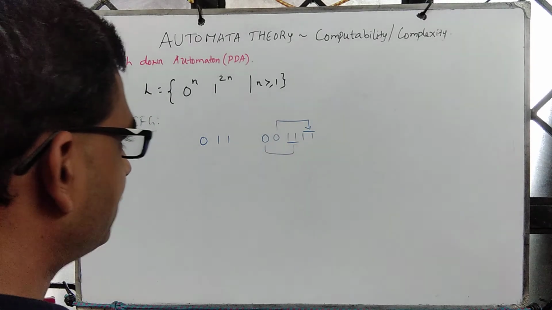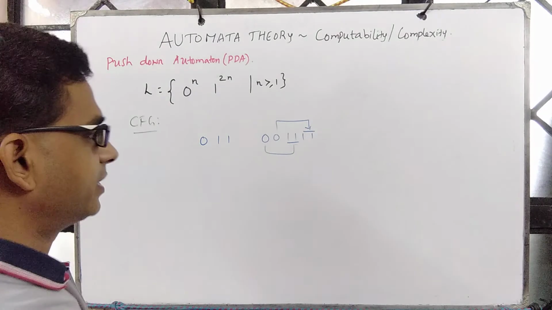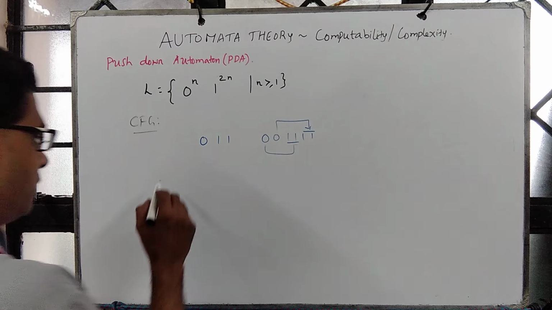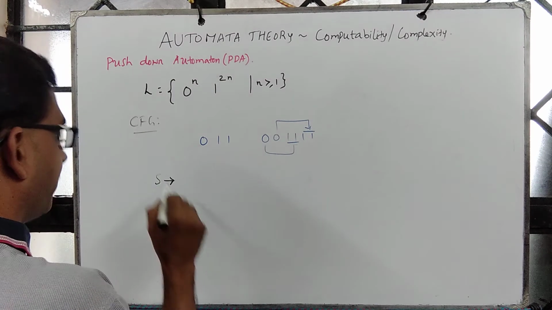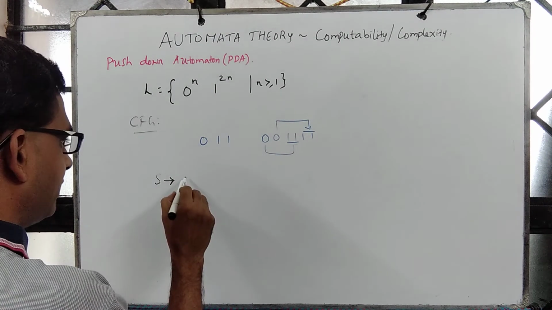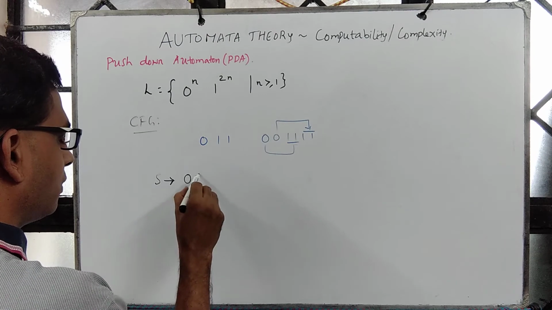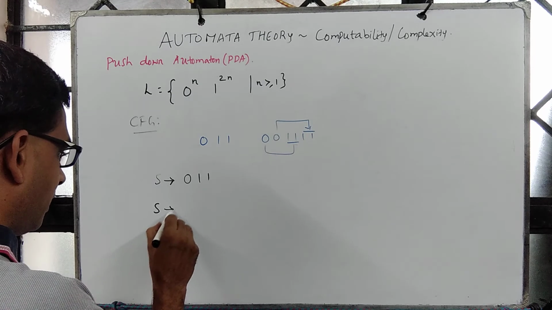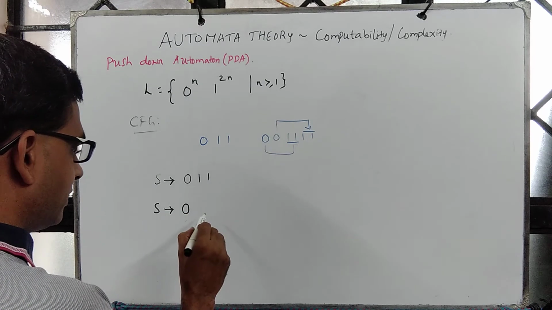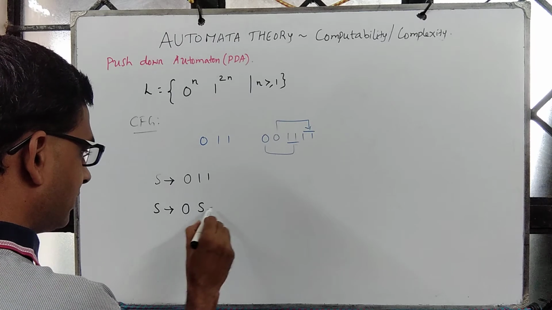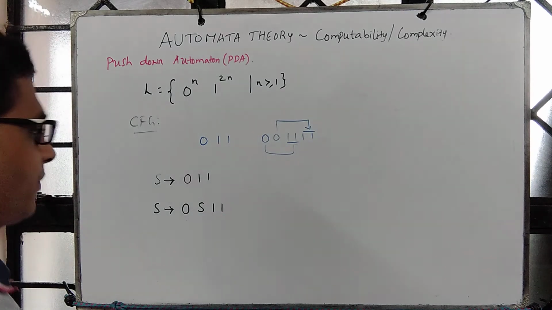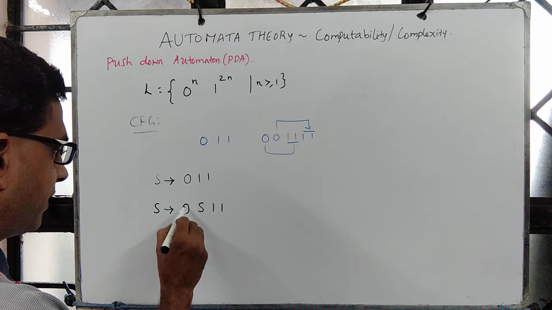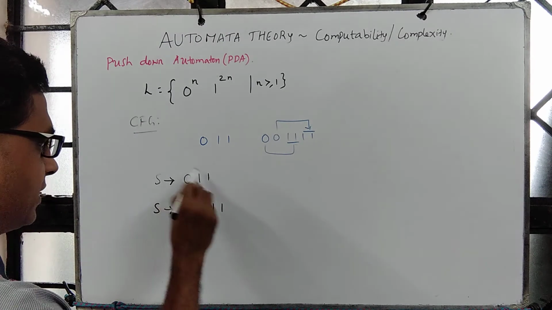Now somehow this has to be captured as part of our recursive definition. What I do is the following. The simplest string is S implies 0 1 1, and S implies 0 S 1 1. That's my recursive definition. Now you see that for every 0 you have 2 ones.